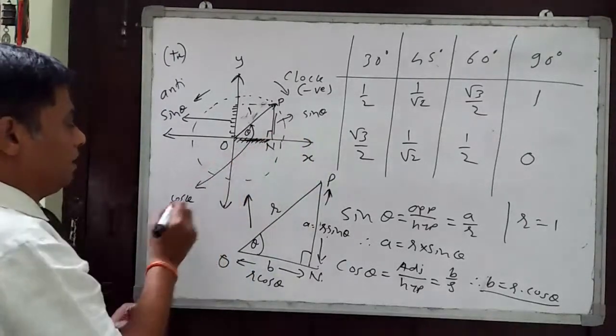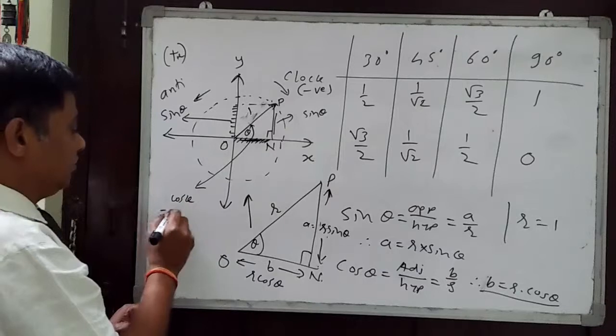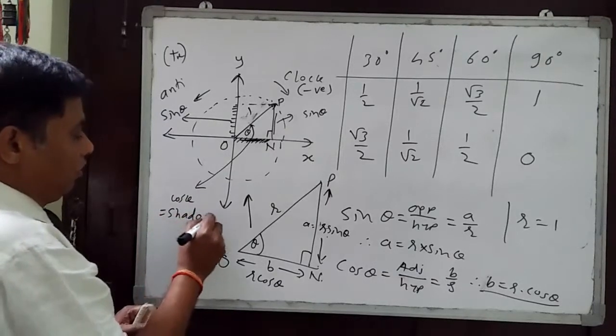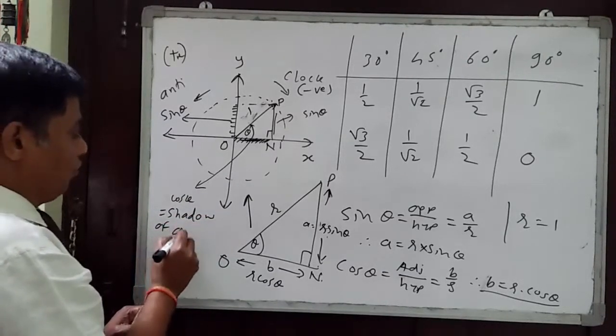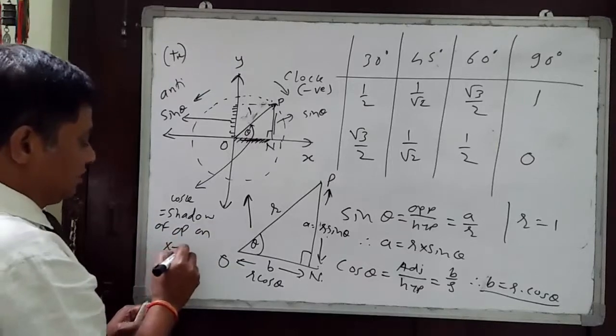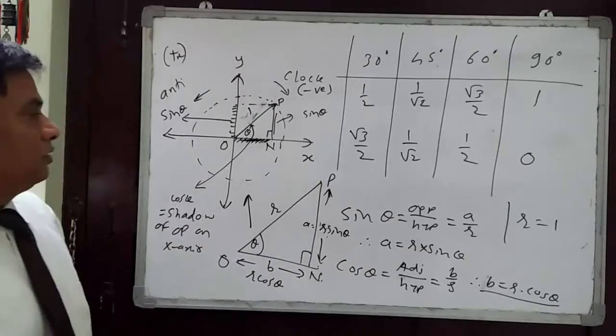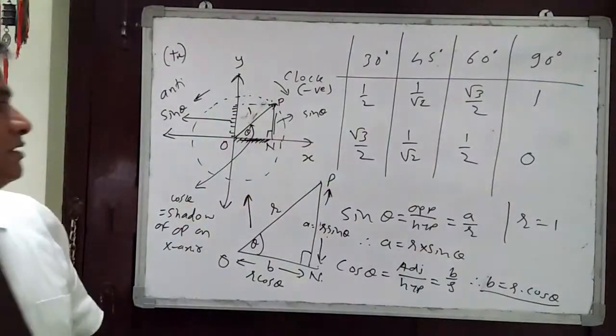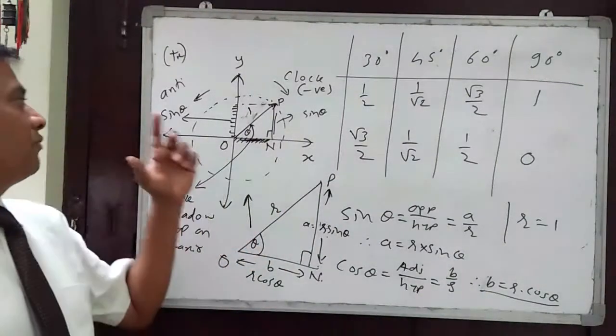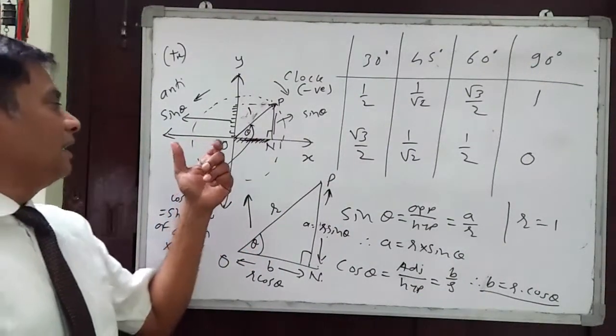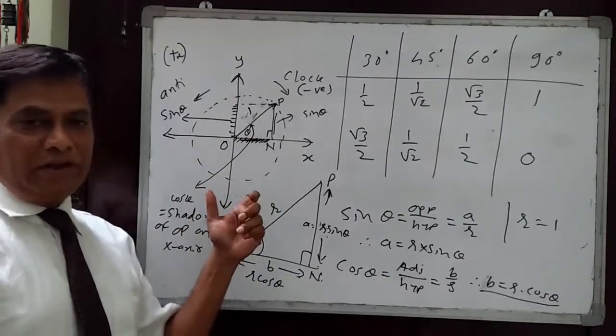So ON represents the cos theta. So sin and cos are nothing but the shadow on y-axis and x-axis respectively.